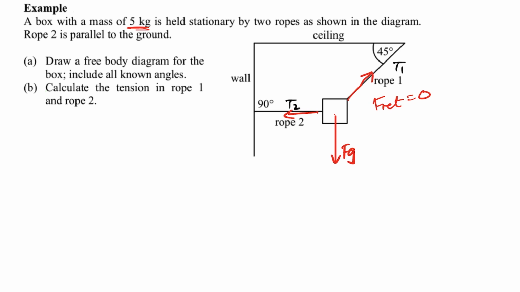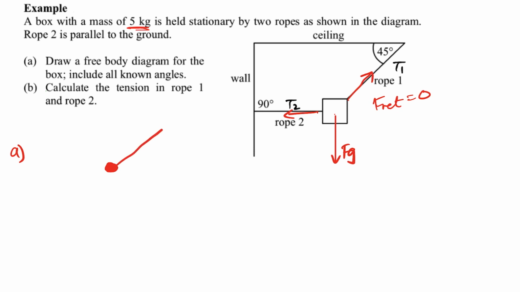Okay, now let's answer question A. It says draw a free body diagram for the box including all angles. In the free body diagram, you basically show all the forces that are acting there. So we'll show the box by a dot.